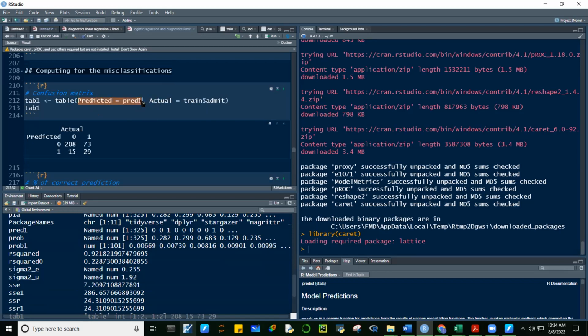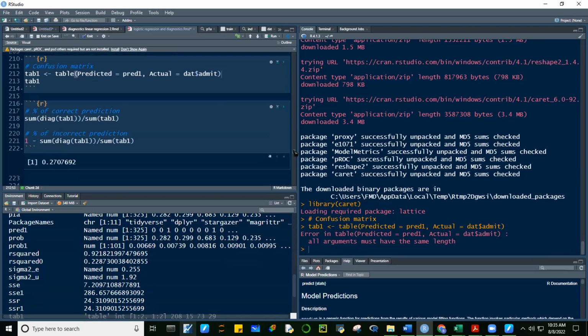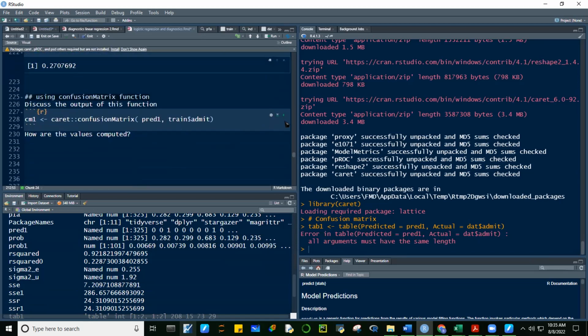Kasi kunyari nagkamali ka, ang nalagay mo dito, dot. Now, si dot, it has 400 observations, di ba? Eh si pred1 mo, 325 observations lang yan. So if you're going to run this, mag-error siya. Sabi, all arguments must have the same length. So just be careful about that. Okay, so let's run this now.